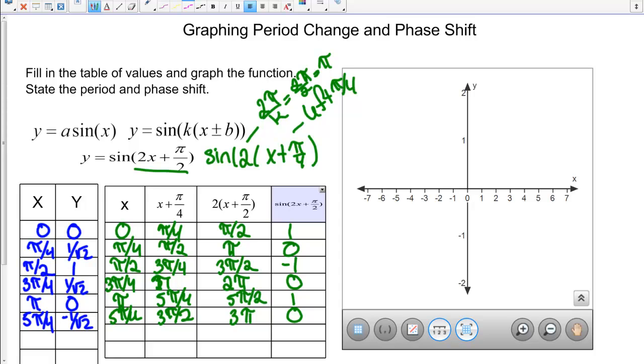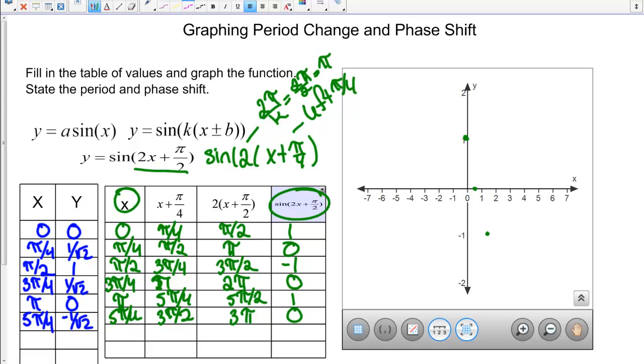So again, we might want some more points here if we were to draw this smoothly, but we'll go with what we have. We have the x column and our y column, sine of 2x plus pi over 2. So we get 0 and 1. Pi over 4 is 0.